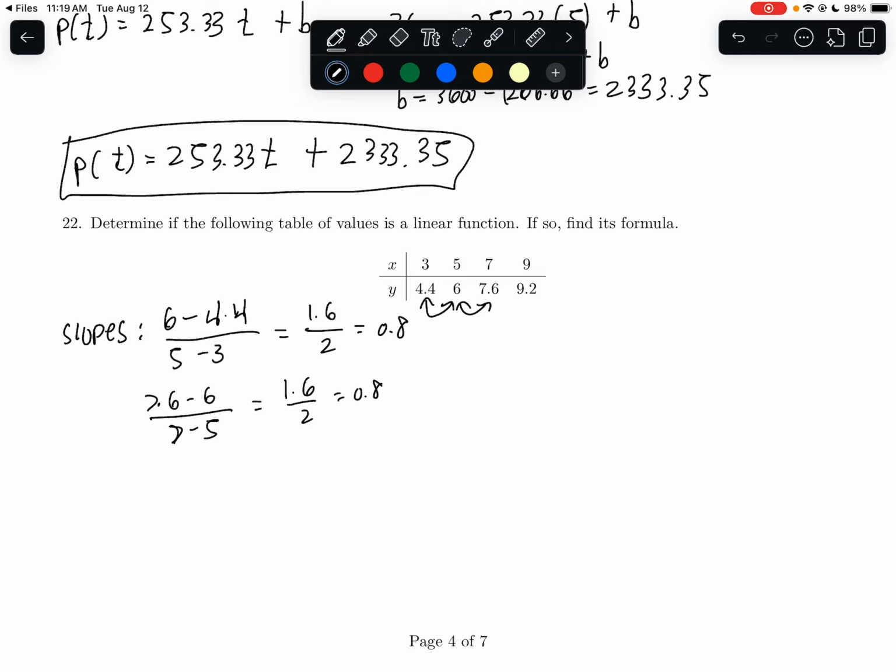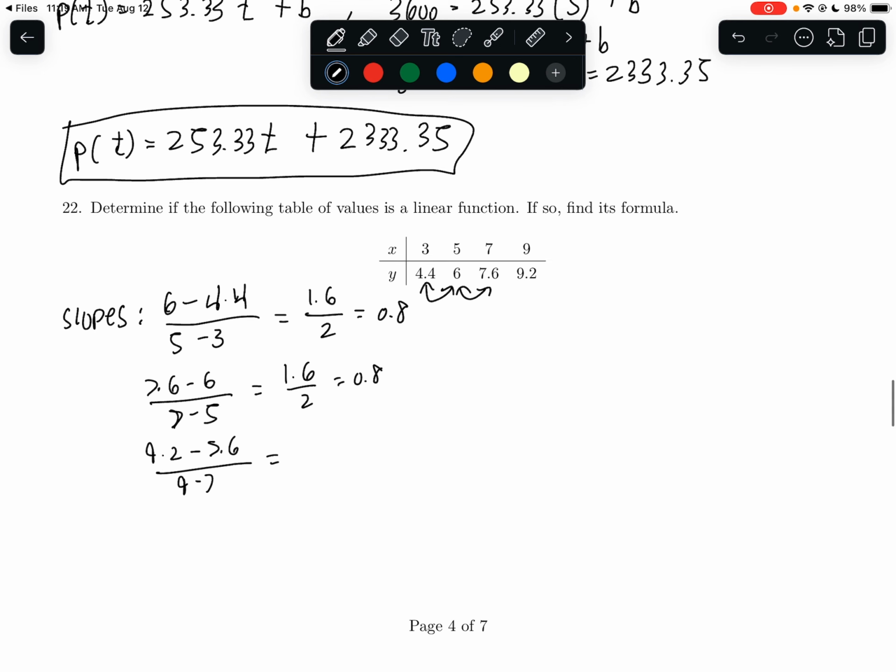And again, 9.2 minus 7.6 over 9 minus 7. Yeah, I get 1.6 over 2, so I get 0.8. So because these are all the same number, it is linear.